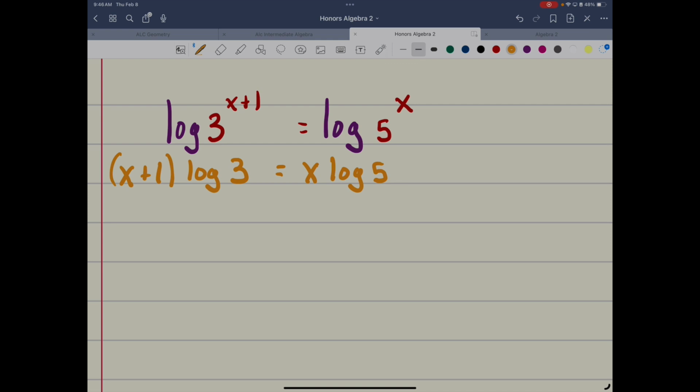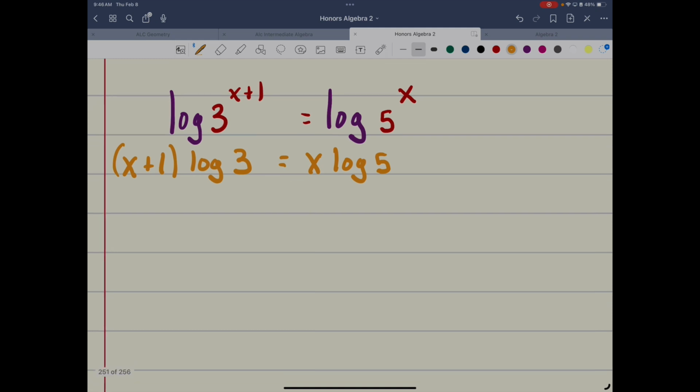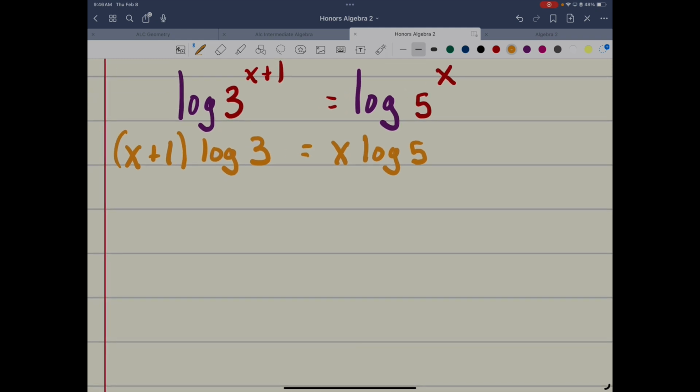Now, algebra from the 6th grade. You learned the distributive property in 6th grade. I can take this left-hand side and rewrite it as x times the log of 3 plus the log of 3.